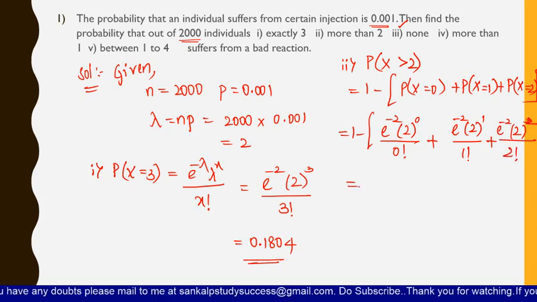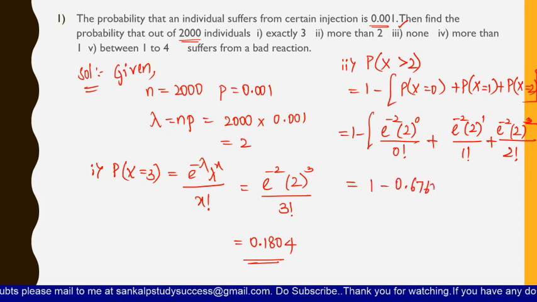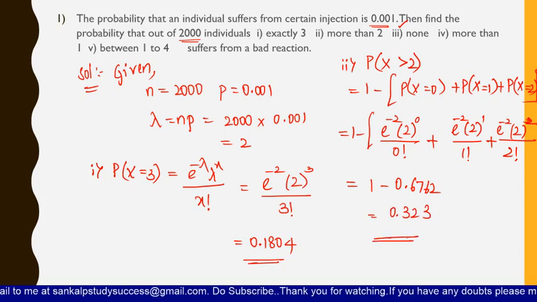By solving this equation completely, you will get 1 minus 0.6762, which is nothing but 0.323. That means more than 2 suffer from a bad reaction with probability 0.323.